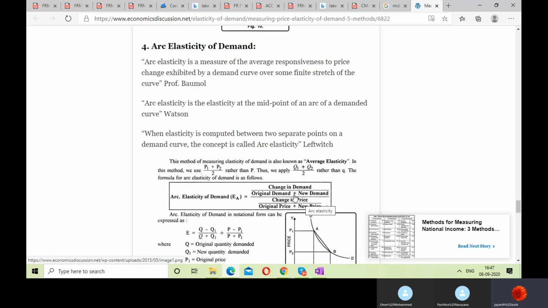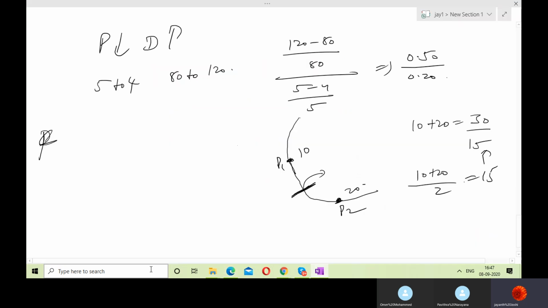Your demand will have some average. For example, if the change is 1 and the average is 2, what is the proportion? 1 out of 2. Your change is half of your average.